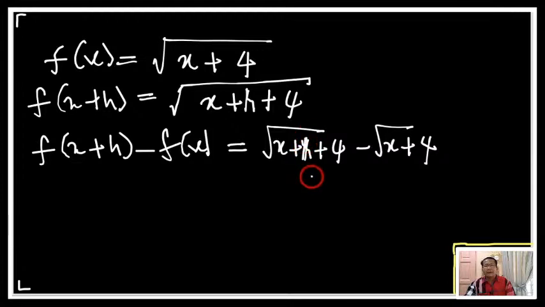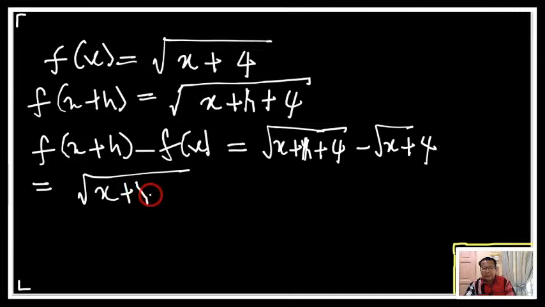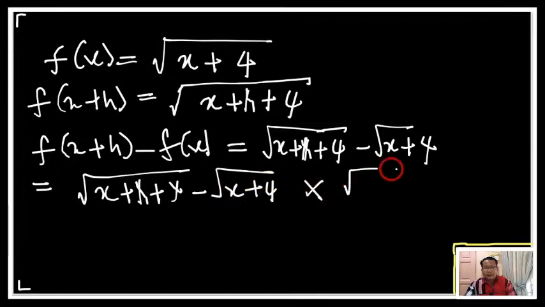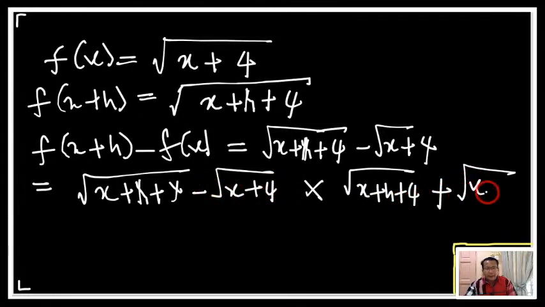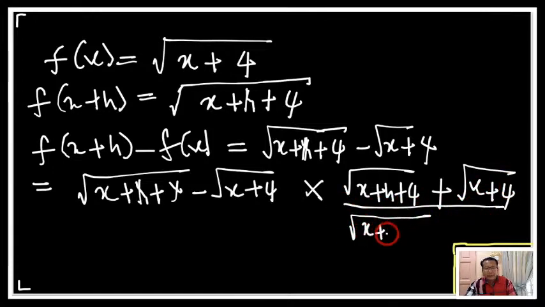If you have something like this, what you need to do, as usual, involving radicals, multiply with the conjugate. So this one is equal to square root of x plus h plus 4 minus square root of x plus 4, times square root of x plus h plus 4 plus, conjugate is minus and plus, square root of x plus 4, over square root of x plus h plus 4 plus square root of x plus 4.